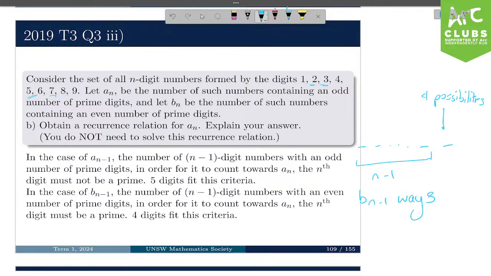So since there's 4 possibilities for our last digit, and b_{n-1} ways for our first n minus 1 digits in this case, we get 4 times b_{n-1} ways in this specific case. Because those are the primes. We don't consider one a prime.